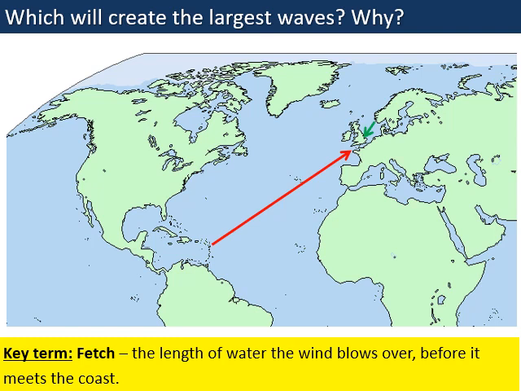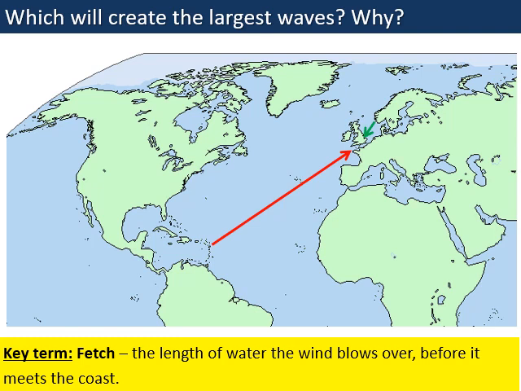As you can see from the slide, the wind could blow completely uninterrupted across the Atlantic from South America. So wind that blows across this ocean is going to create some very big waves. When those waves arrive in the southwest of England, in places like Cornwall, the fetch that's created them will be making these huge waves.